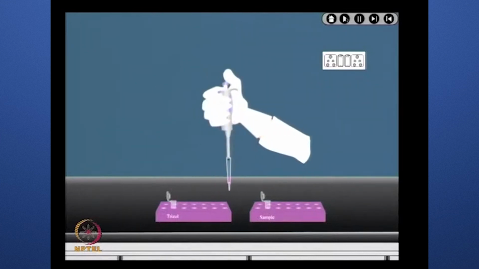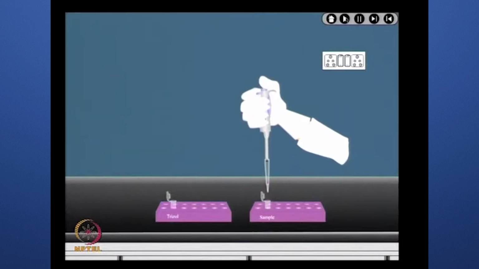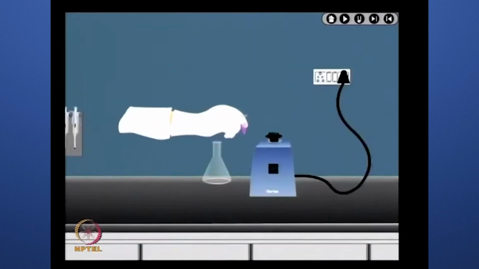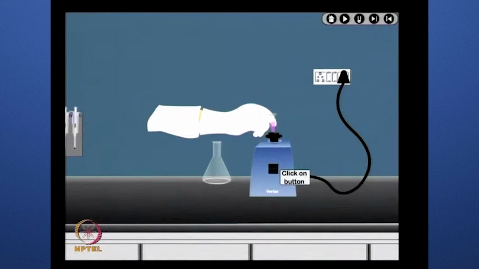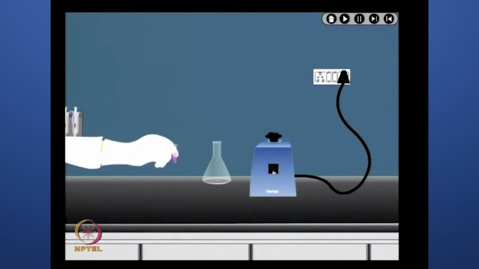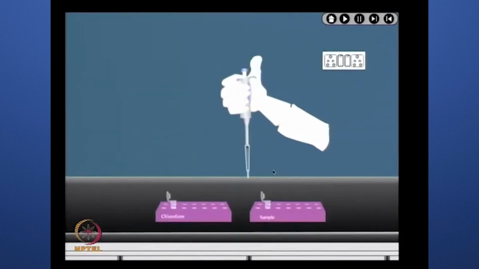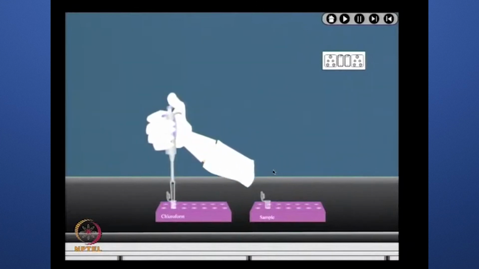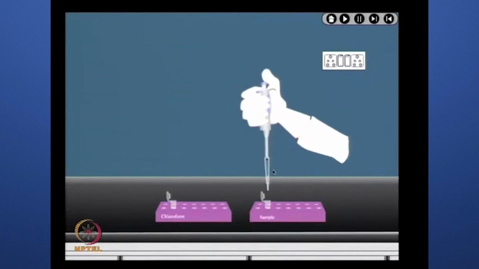To the supernatant, add 1 ml of trizol and 200 microliter of chloroform and mix vigorously for 15 seconds. So, click on the vortex here, mix it vigorously at room temperature to allow the phase separation.